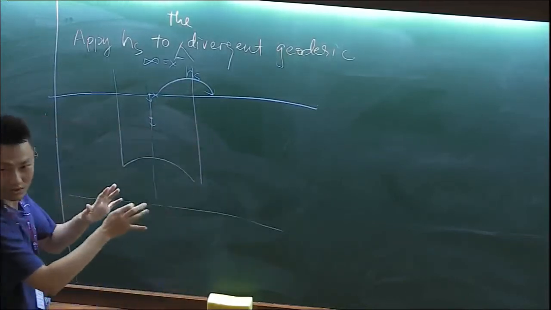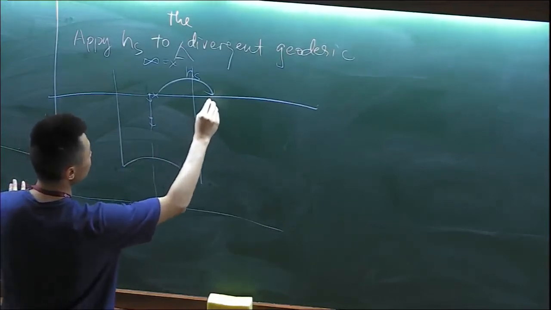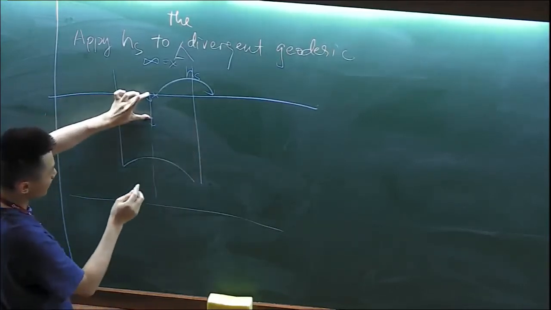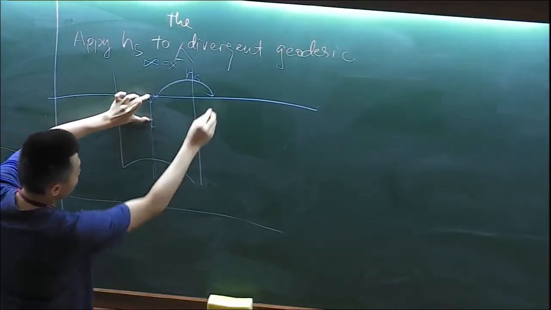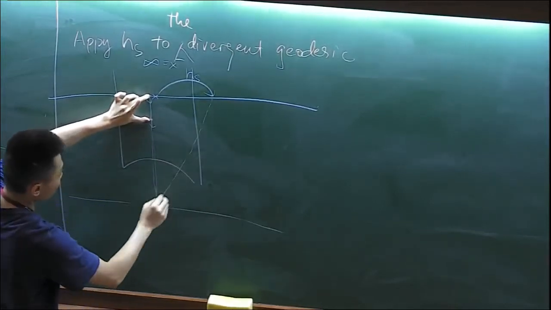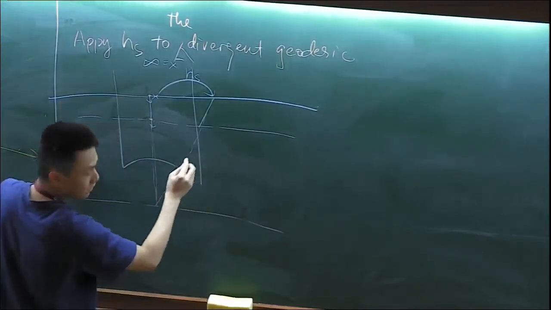I didn't define horizontal flow, but you should trust me, this is what happens. So you have a straight line segment here, all right? Then you should get something like this. All right?